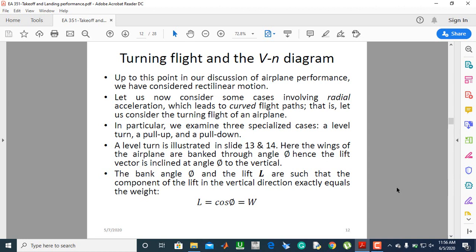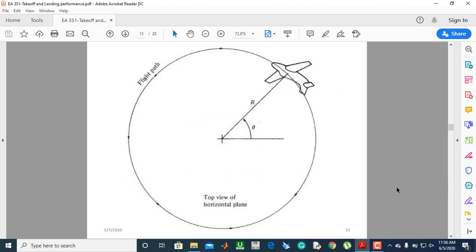So if we look at this sketch, so this is a plane which is in a horizontal curved path. So a plane will be involved in this kind of motion, maybe if it's about to land on a certain airport, then it has not been granted landing right.